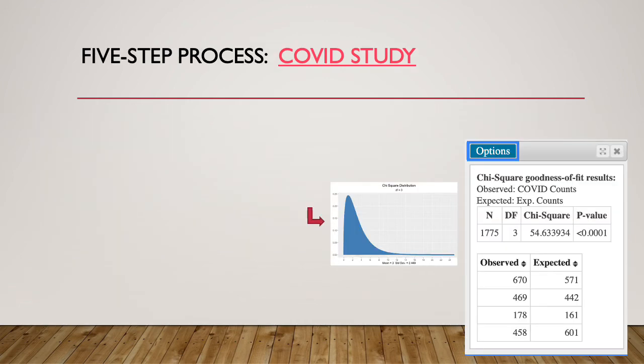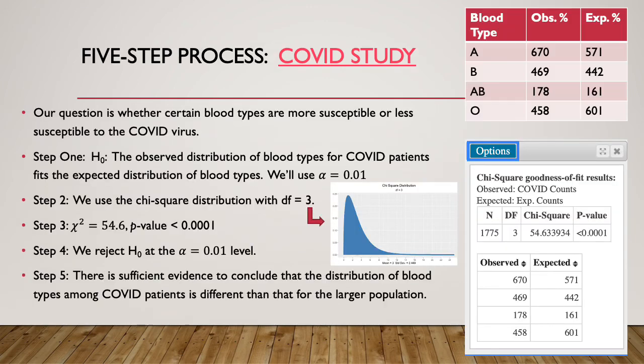All right, so let's go ahead and do that. All right, this is the full 5-step process for this chi-square goodness of fit test. Again, our question is whether certain blood types are more susceptible or less susceptible to the COVID virus. Okay. Step 1. Our null hypothesis is the observed distribution of blood types for COVID patients fits the expected distribution of blood types.